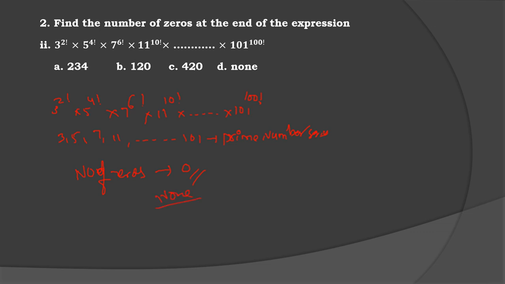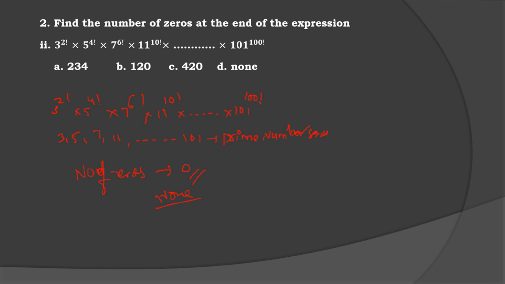The reason is that here we have 5 multiples, but we don't have any 2 multiples, because this is a prime number series. Clear about it? Whenever it is a prime number series starting from 3, we don't have any 2 multiples. Without 2 multiples we can't get zeros, right?